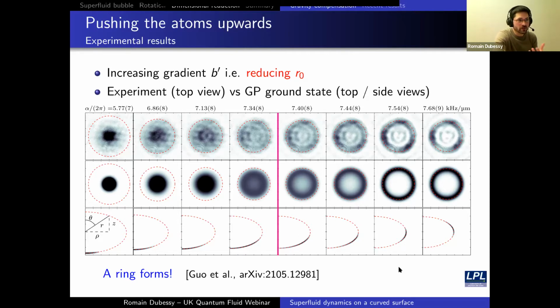Or symmetrically, not to push the atoms gently to this position, but rather quench the anti-gravity to see what happens. We are thinking about it. We have not done anything yet in that direction.